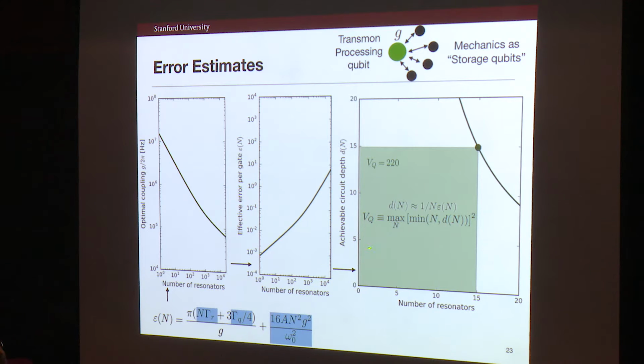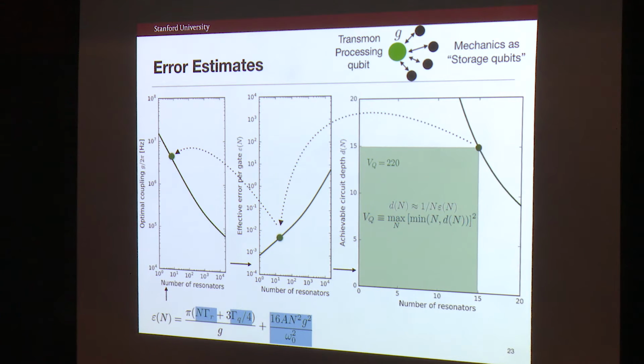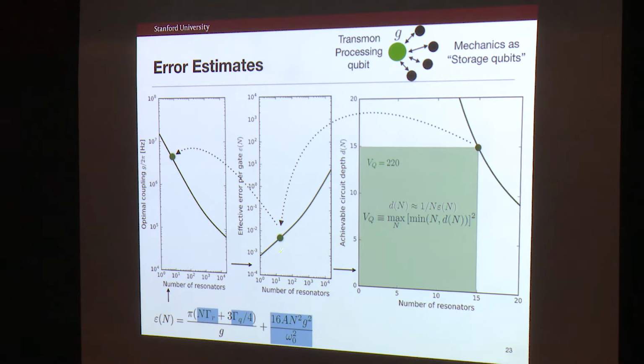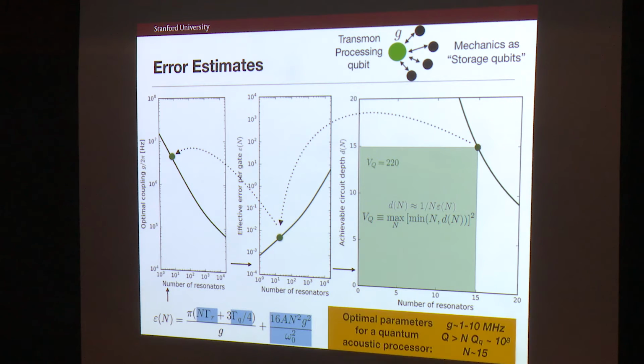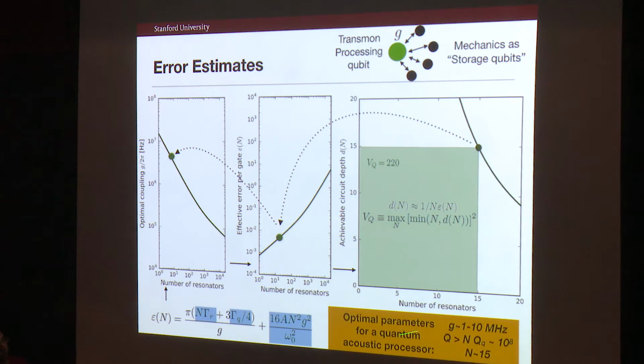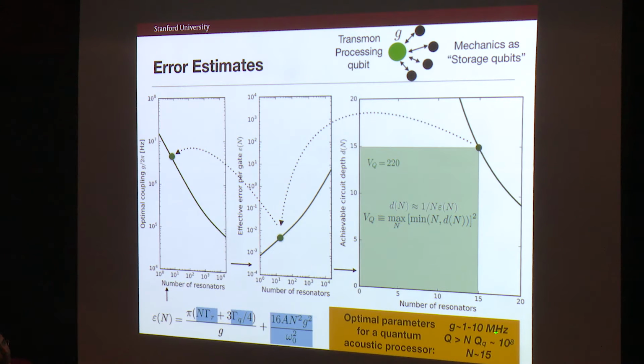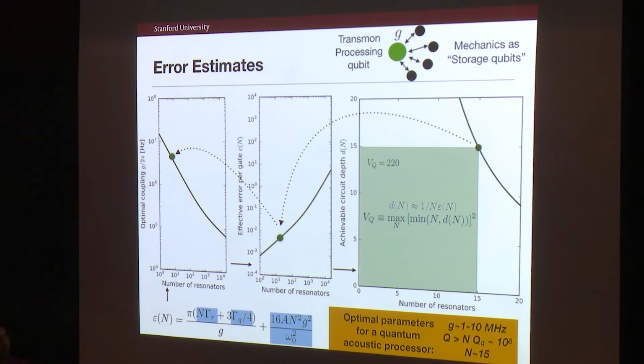And that ends up being around 200 for numbers that at the time we thought were realistic. And now if we go back, that gives us the number of resonators we want and the g that we want. So the optimal parameters would be a g of between 1 and 10 megahertz, a mechanical Q of around 10 to the 8, and something like 15 resonators. Okay, so this is what we're trying to go for.